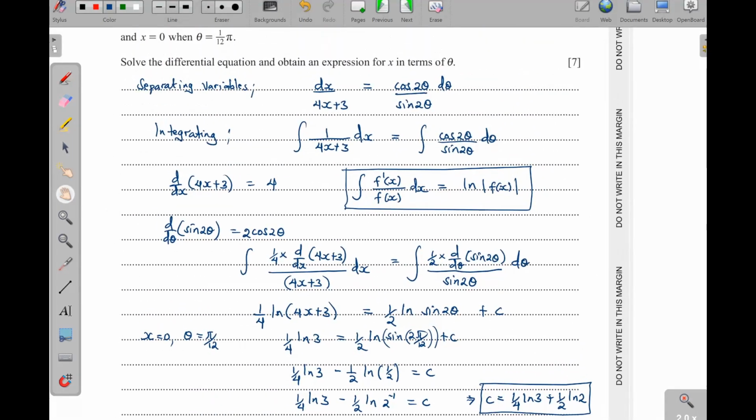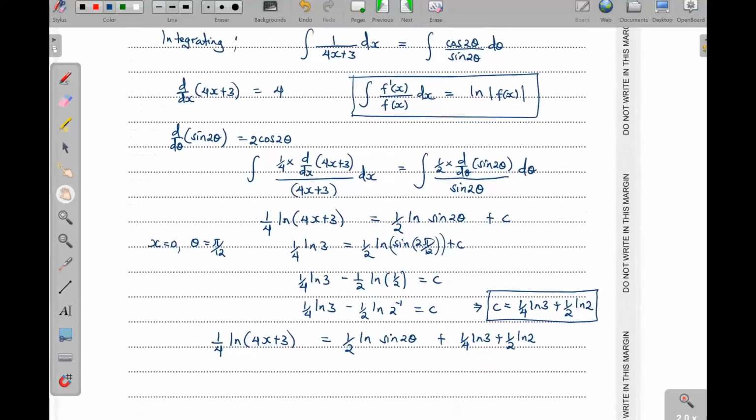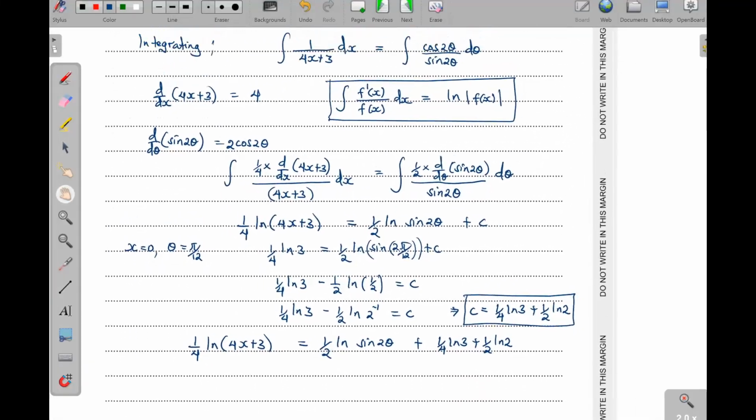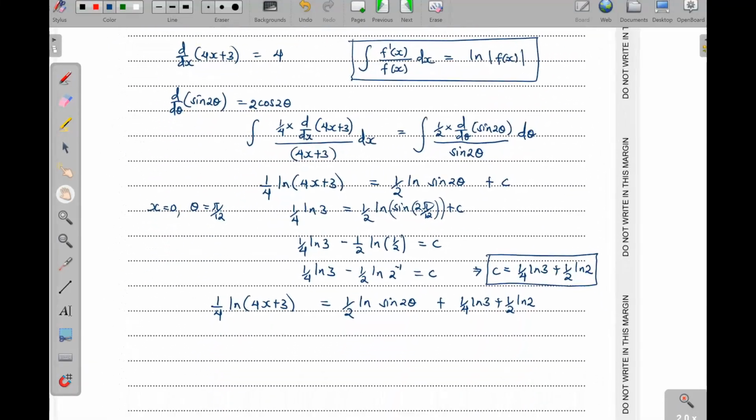But they want us to obtain an expression for x in terms of what? Theta. So we make x the subject. Not so? Now we can multiply.